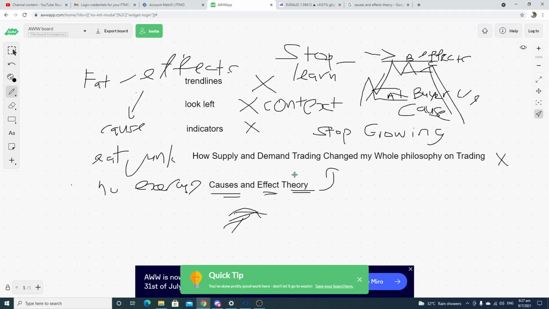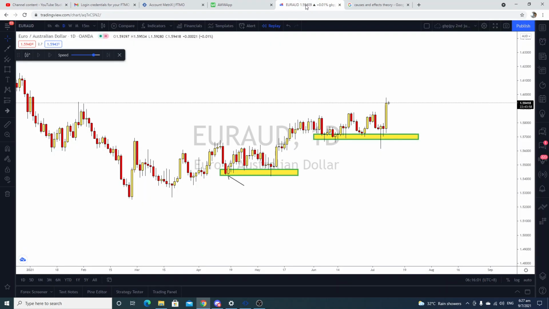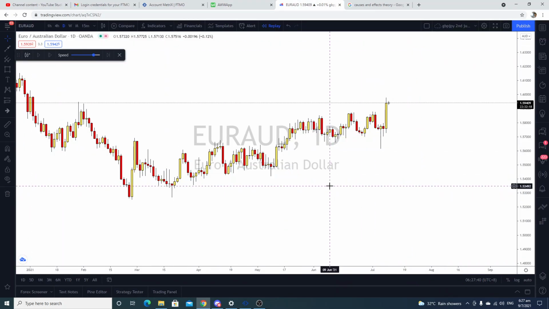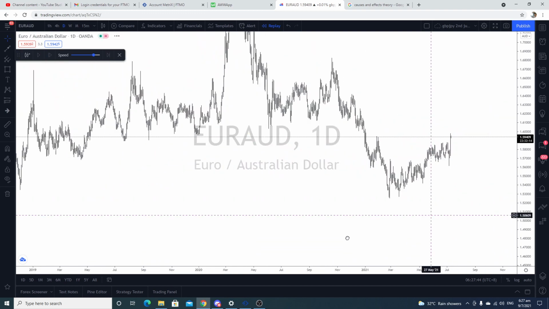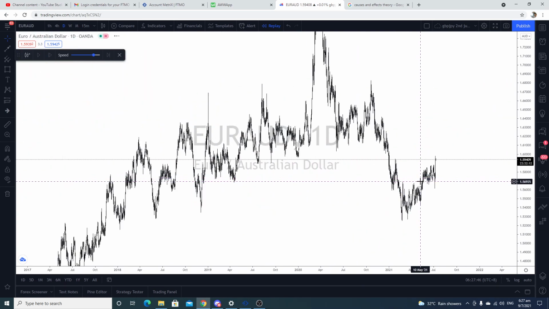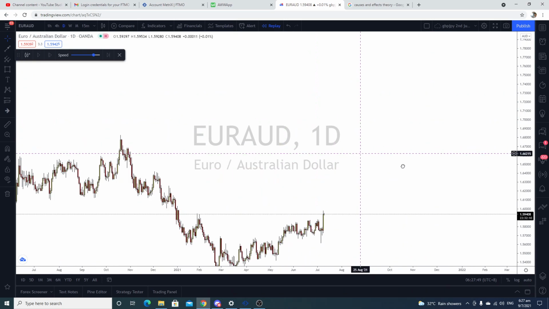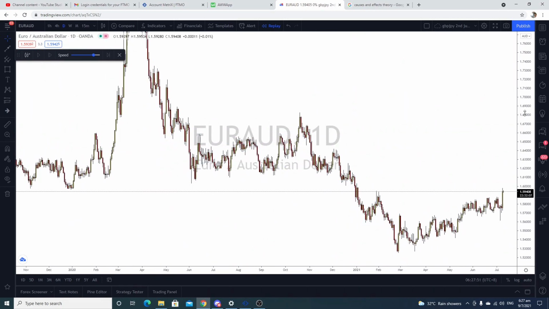So I'm going to go down and share with you guys about trend lines first, about why I don't use trend lines in my theory. Normally when I look at the market, people will look at one side of the market.